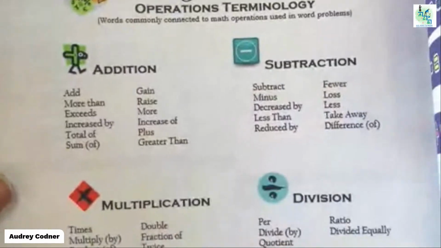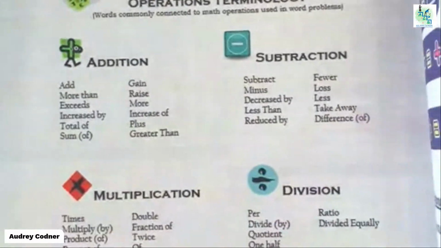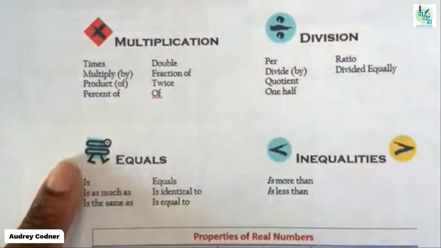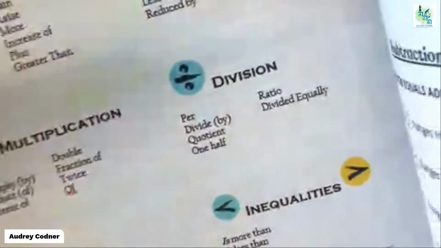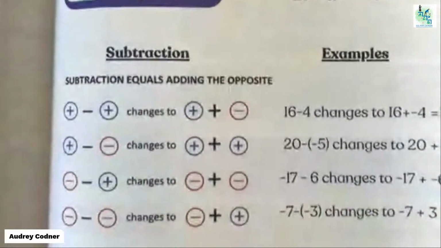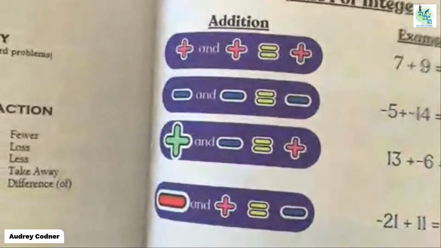Now, if you forgot certain words and certain terminology, we're looking at the most popular words and phrases that are used in most word problems, listed here. If you forgot the rules of your integers, I have them for addition, subtraction, and multiplication with examples.